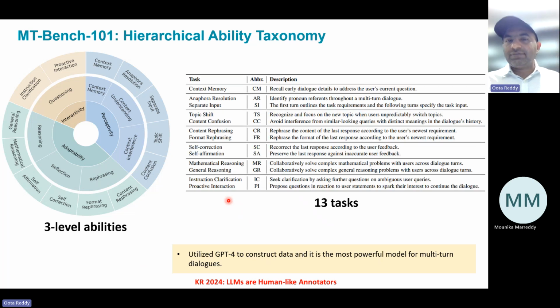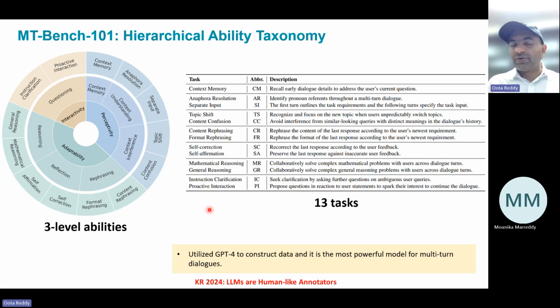These are the 13 tasks present in MT-Bench 101. They focused on context memory, topic shift, content confusion, self-correction, mathematical reasoning, general reasoning, and instruction clarification or proactive interaction.